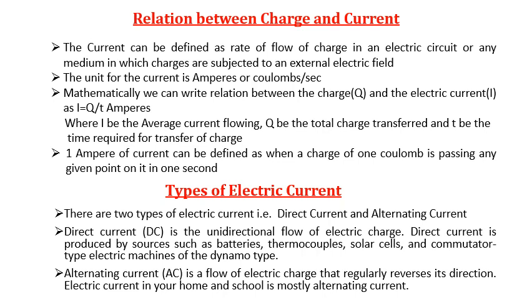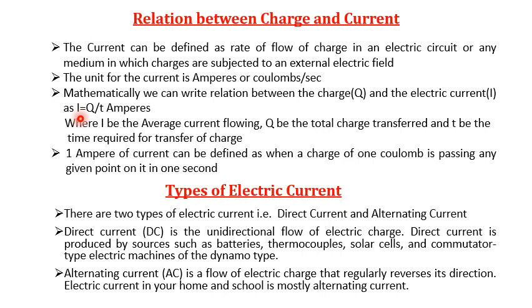The unit for the current is amperes, also called coulombs per second. Mathematically we can relate charge and electric current as I is equal to Q divided by T.